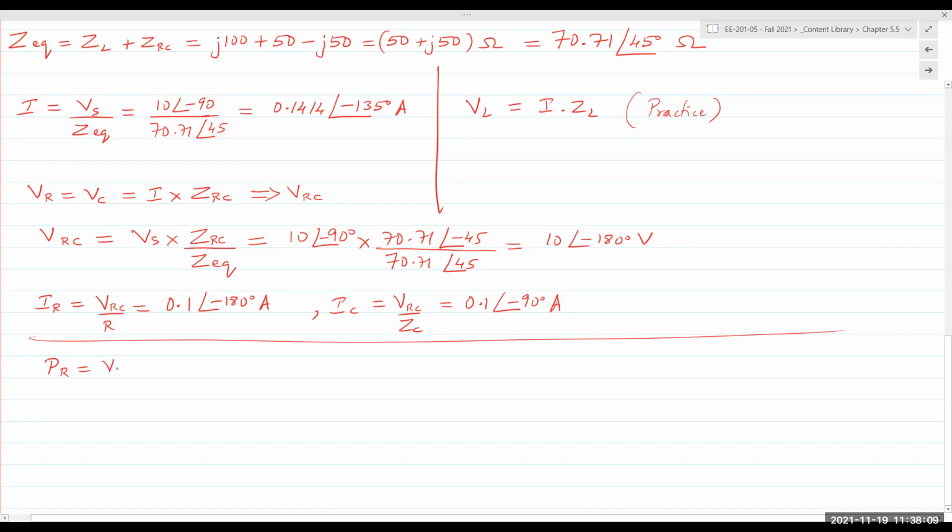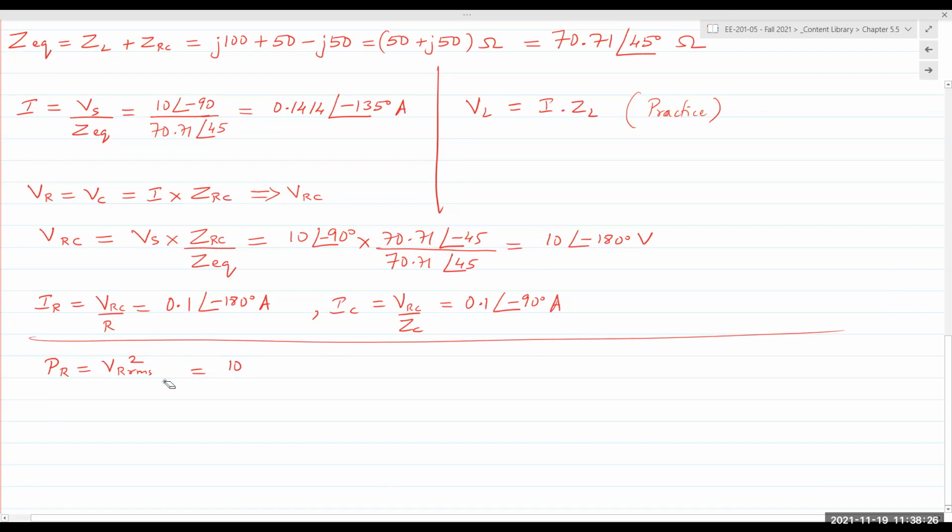PR would be VR RMS square divided by R. And VR RMS would be magnitude of 10 from here divided by root 2.